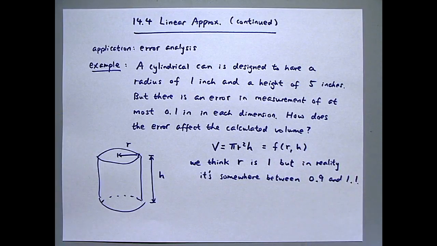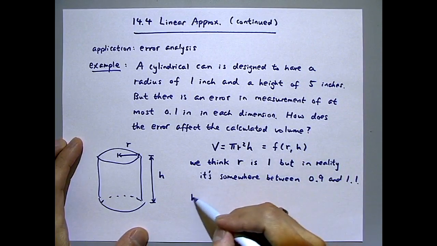Right? We measure 1, we think it's a 1, but there's a measurement error in that ruler with a 0.1 maximum error. So it's somewhere between 0.9 and 1.1. It could be 1.02, it could be 0.93, but it's somewhere between the two. But our best guess is 1.